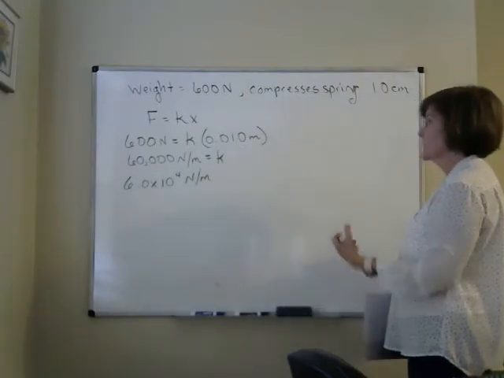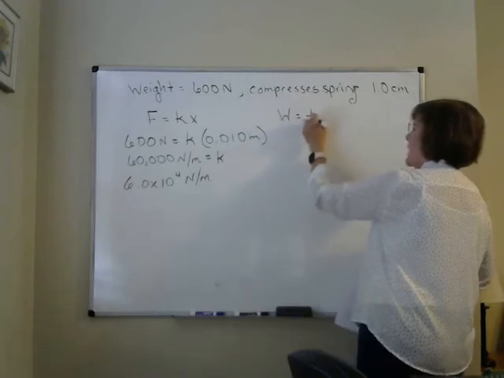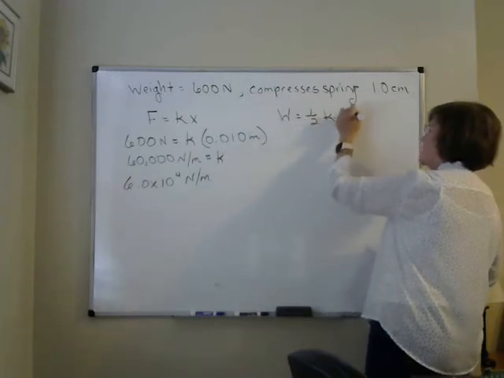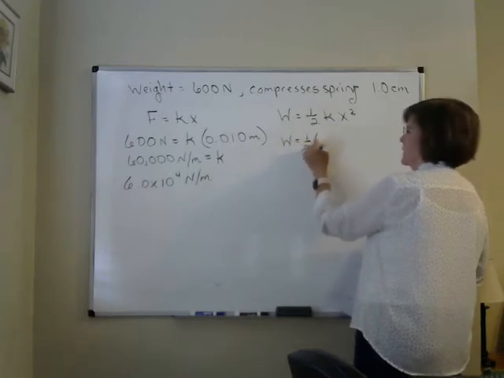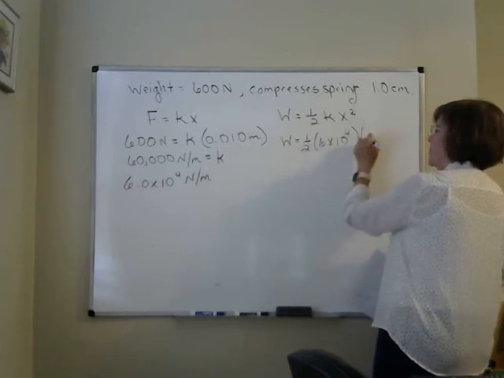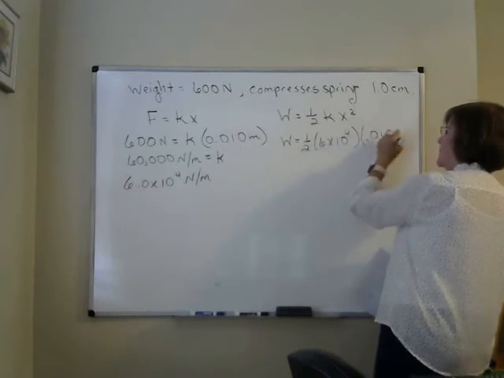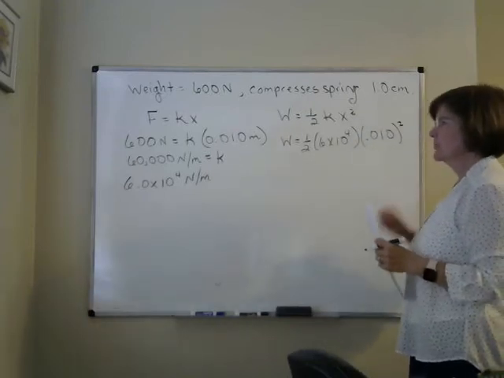So now actually getting work's pretty easy. The work she did in doing that was 1/2 kx squared. So 6 times 10 to the 4th, 0.010 meters squared. This is why it's really important that we change this to meters.